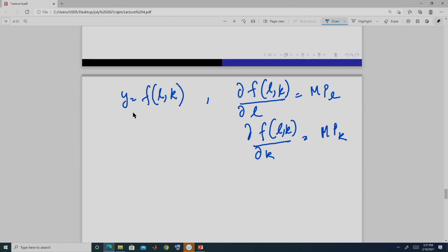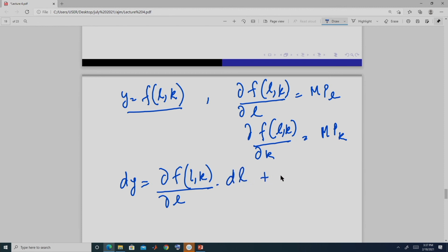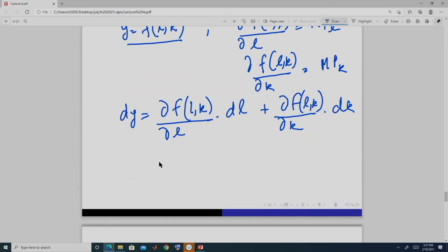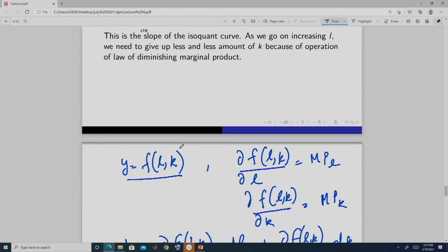Now, if we take a total differentiation of this, so this is going to be what? This. Now, you can write marginal product of labor, this.